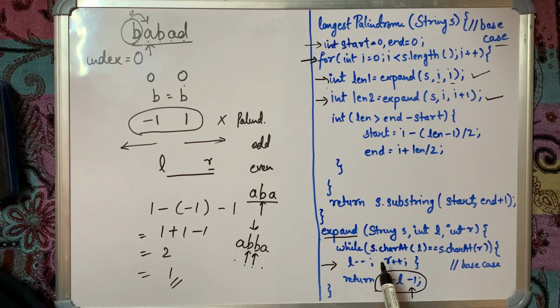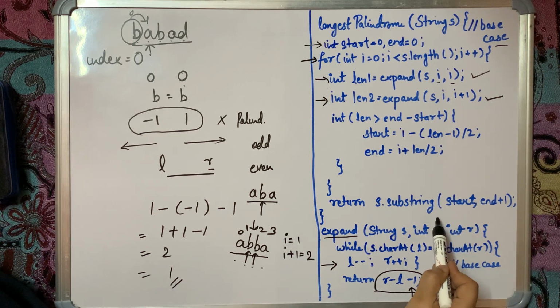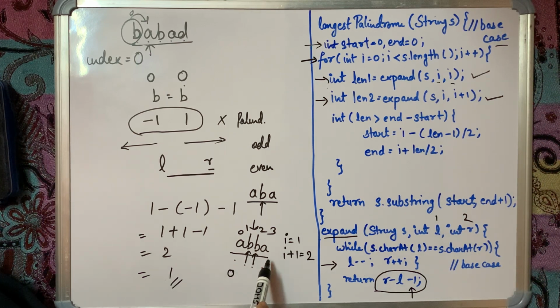Then let's say you're running for this string and we call this function, indices 0 1 2 3, i is 1, i plus 1 is 2. So in this function you get 1 and 2. Then you check if 1 and 2 are equal, yes. Then you do L minus minus, which is 0, R plus plus, which is your 3.